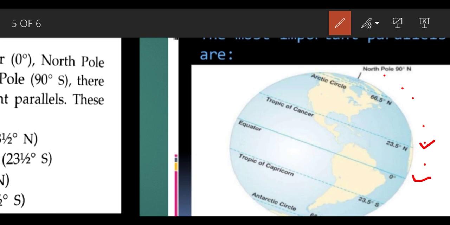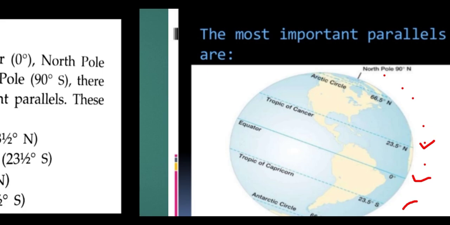When we move towards the south, we see the Tropic of Capricorn at 23.5 degrees south and the Antarctic Circle at 66.5 degree south. So these are the main 5 important parallels on earth.